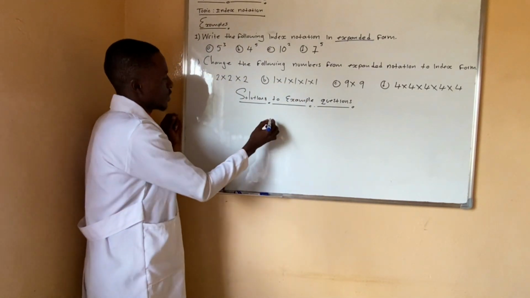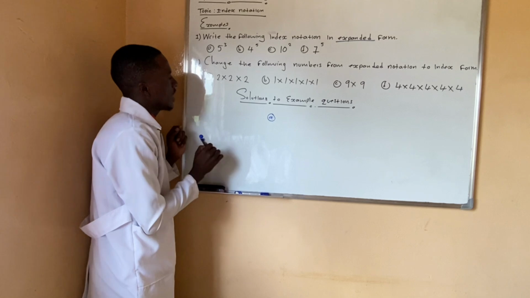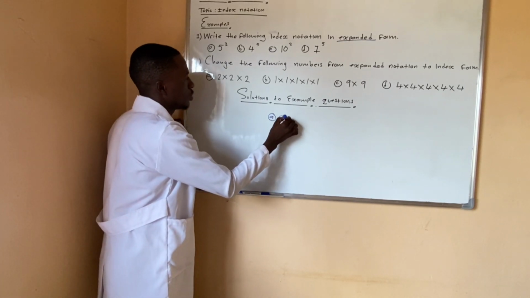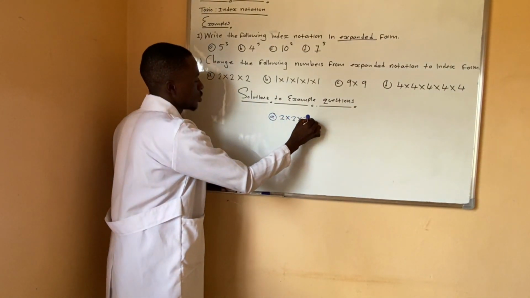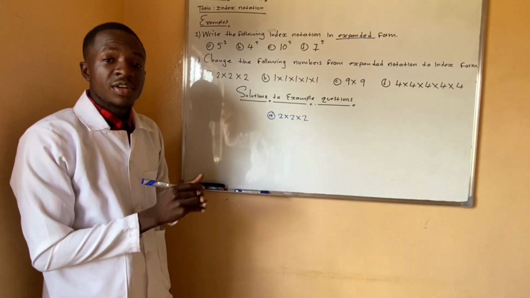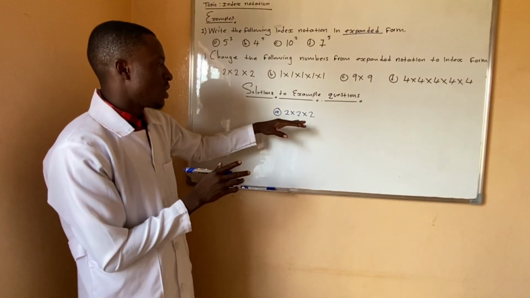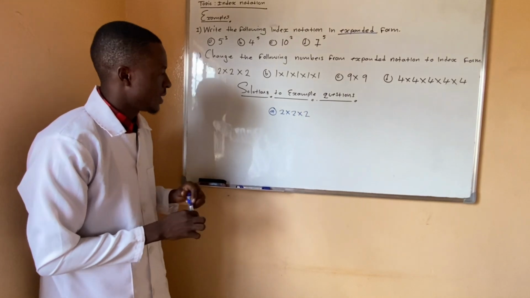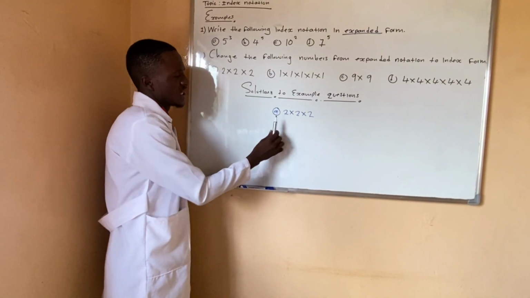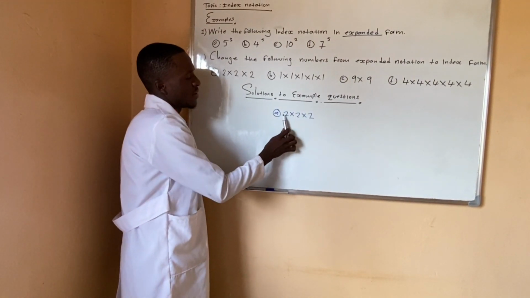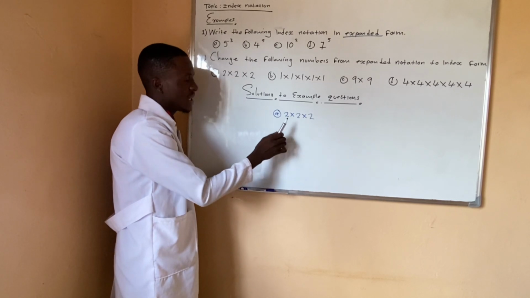We have the first one here. How can you answer this question, which is 2 times 2 times 2? This one is very simple, but it might be confusing. So let me show you how to answer this problem. The first question is, what number is appearing several times? That number is 2.